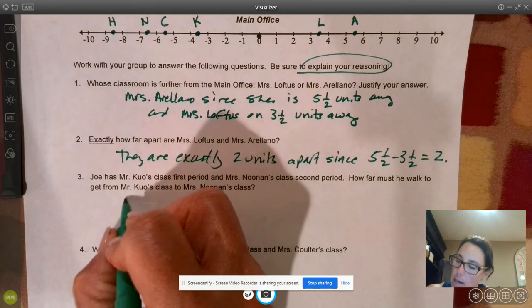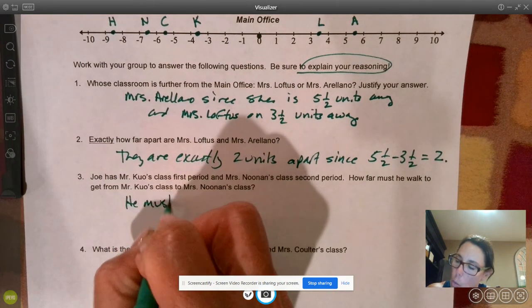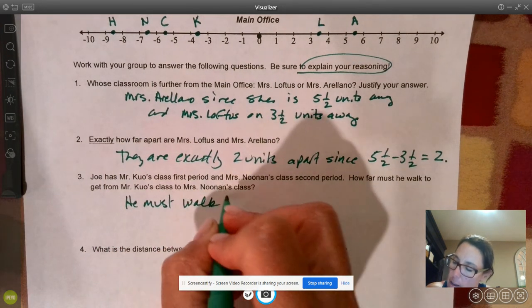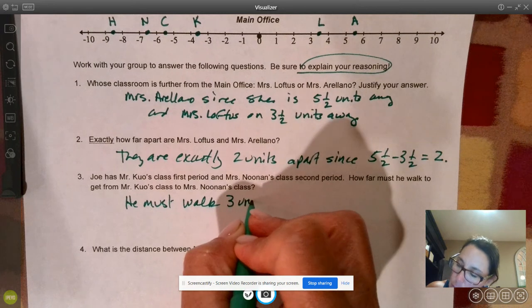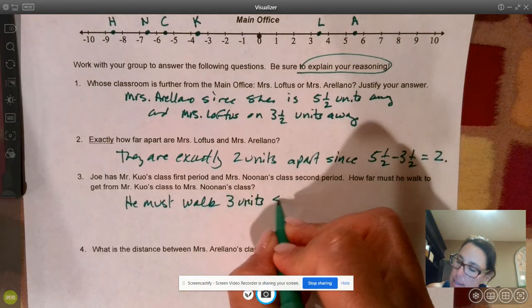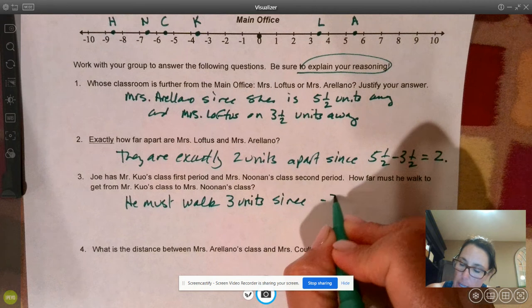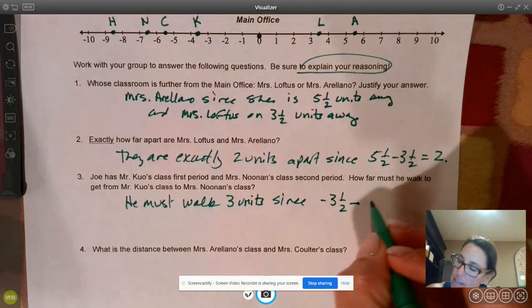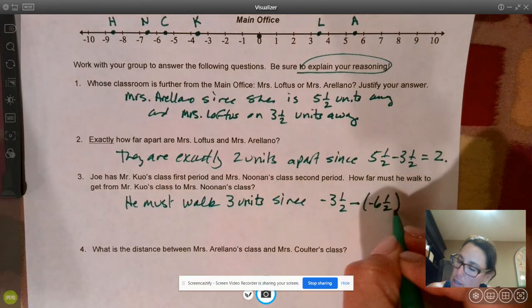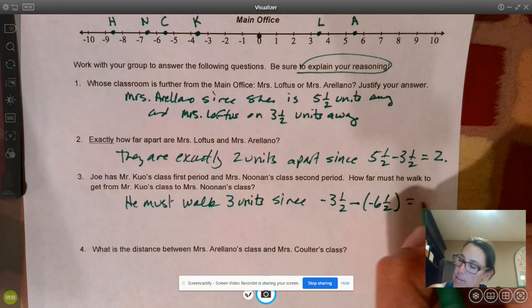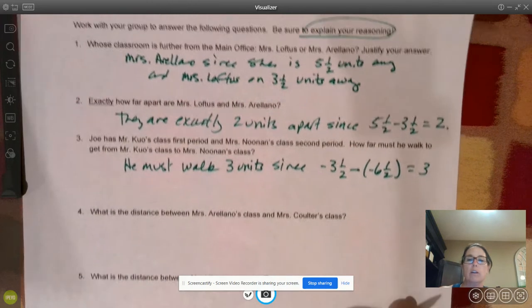So he must walk 3 units. And let me give a reason. Since I'm going to find the difference between these two, -3.5 and -6.5, that gets us 3 units.